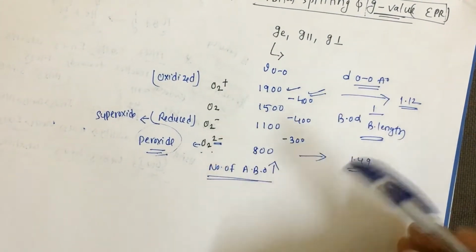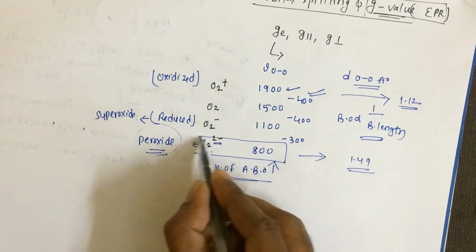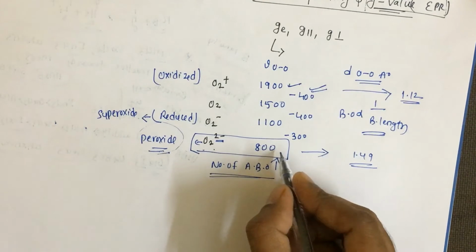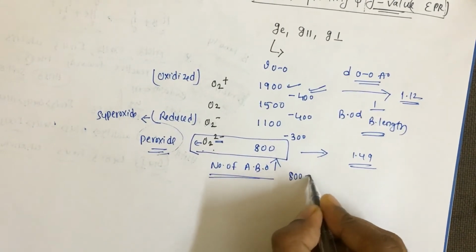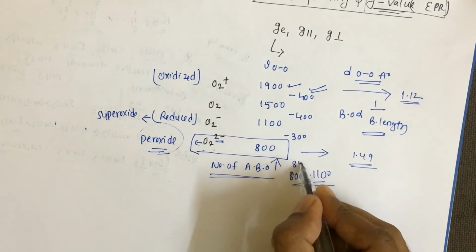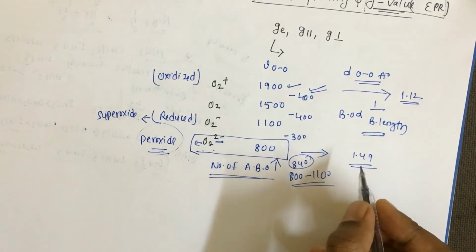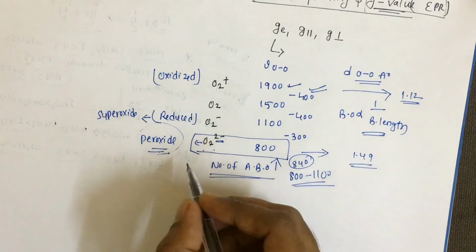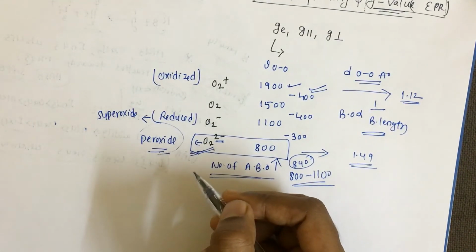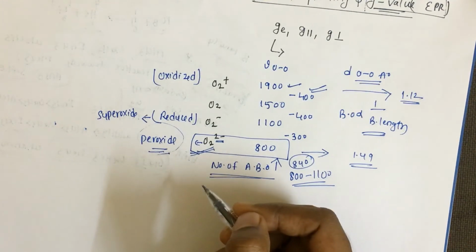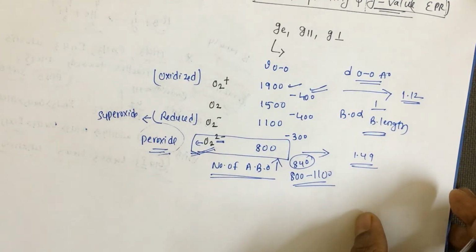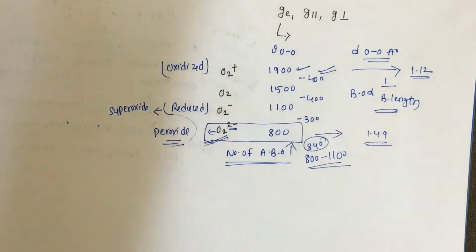If you see here, it's falling in this range. 800 means 800 to 1100, right? So it's falling close to 800, that is 840 centimeter inverse. That's why the oxygen in the case of hemerythrin is carried in the peroxide form. I hope it's clear up to now. And next we are going to talk about the magnetic property of oxyhemoglobin and deoxyhemoglobin.